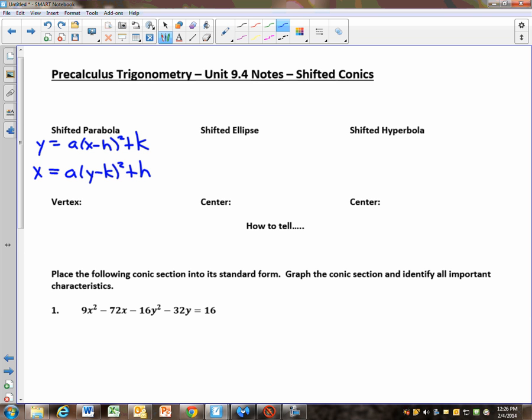What's the vertex of each of these? h, k. Okay, very good. That's what we got.